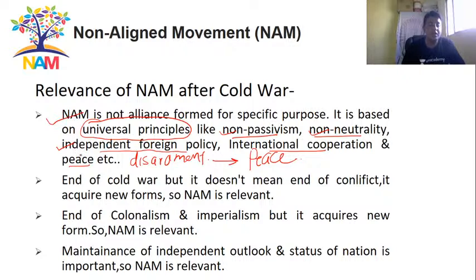Second, end of Cold War. End of Cold War, but it doesn't mean end of conflict. Can you say that the end of Cold War is the end of conflict? If it is so, then what are the USA and China doing?